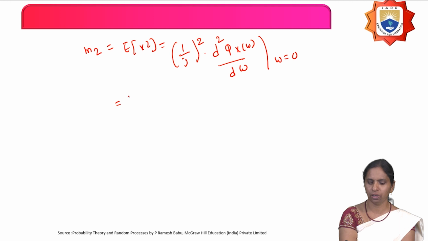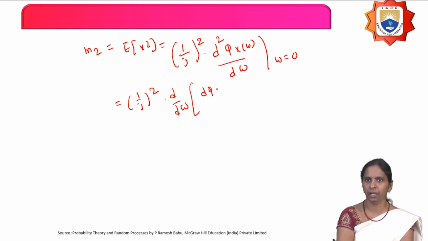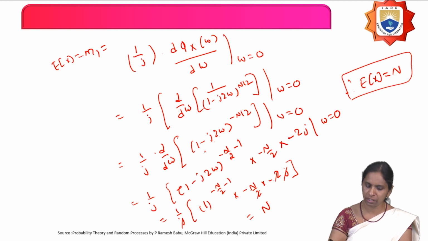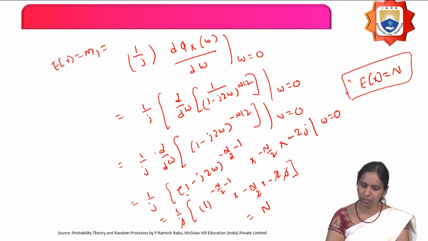So that equals (1 by j) whole square, d by d omega into d phi x of omega by d omega at omega equals 0. That equals (1 by j) whole square d by d omega of phi x of omega, which we already did one time.